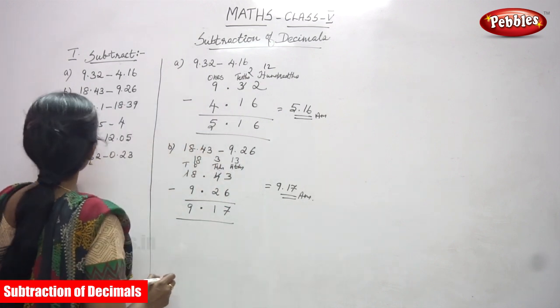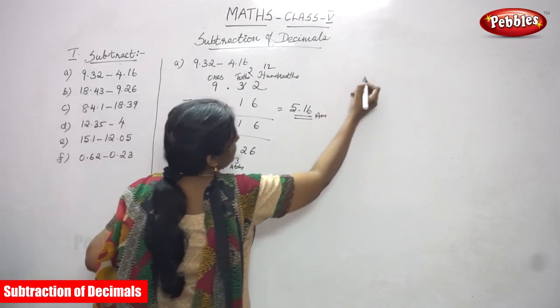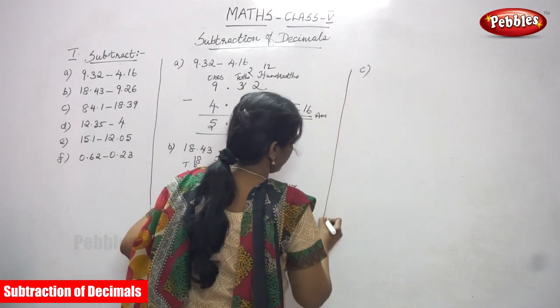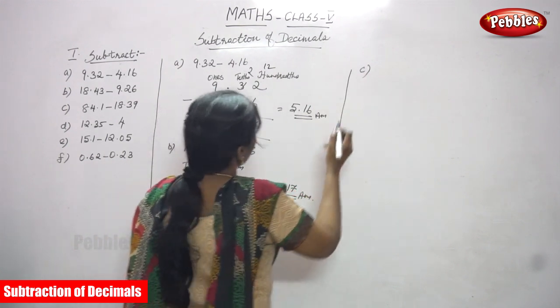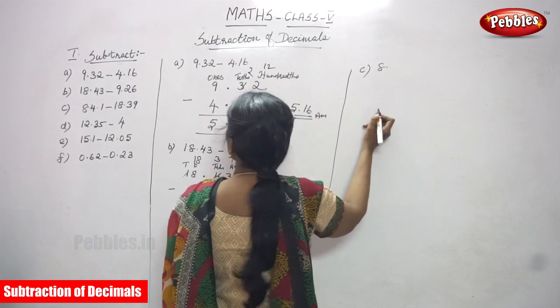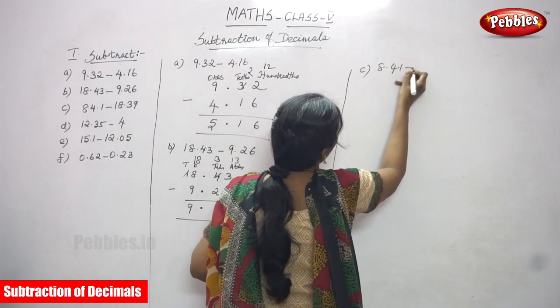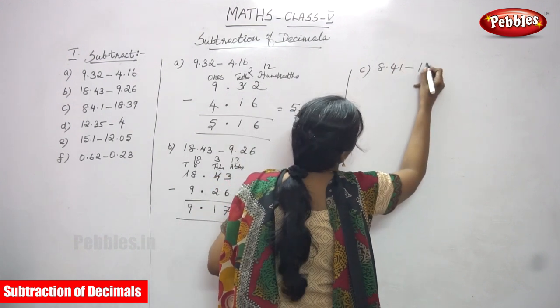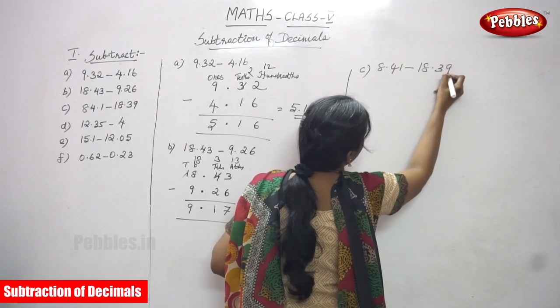The next sum is C sum: 8.41 minus 18.39.